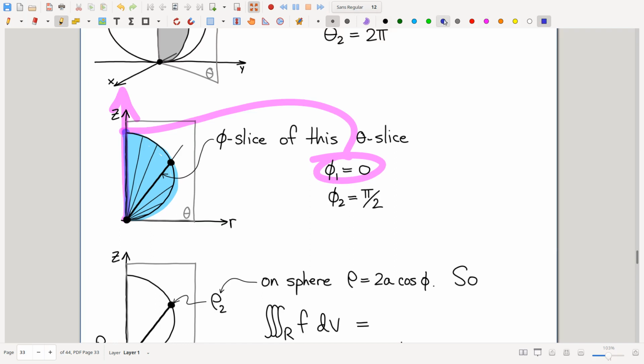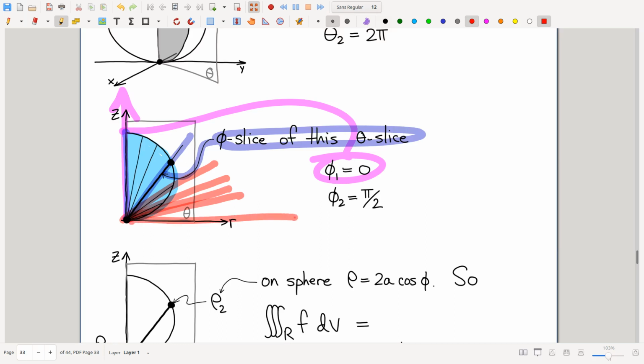A generic phi slice is going to be kind of like that. And then our last one, this is geometrically tricky, but you have to think about how these phi slices proceed along, where's the last one? I feel like the last one is going to be straight horizontal, pi over 2.